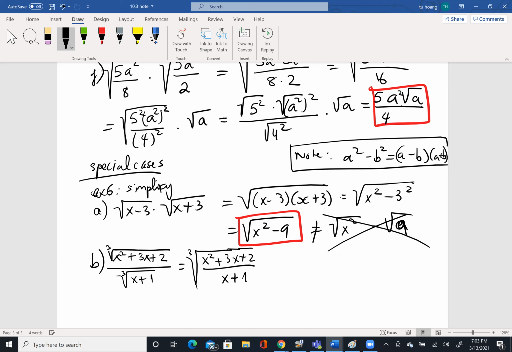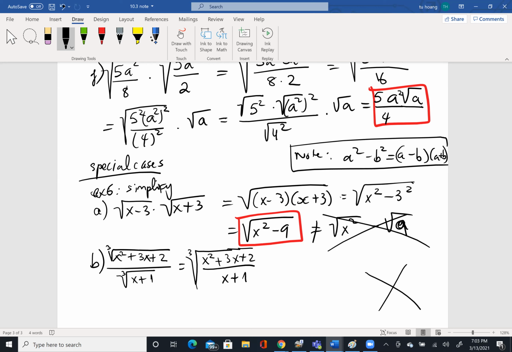Okay, so if you remember the way to factor, you need to think about factoring the top. The top of the radical is x squared plus 3x plus 2. You apply the X method that I taught you before.